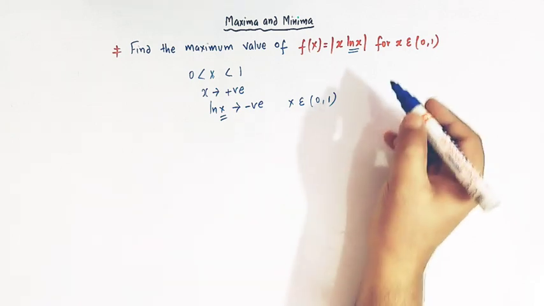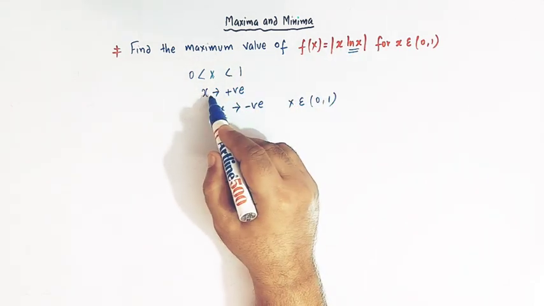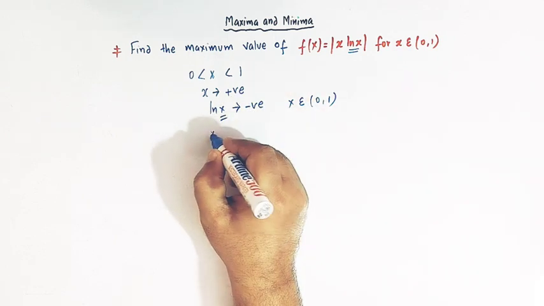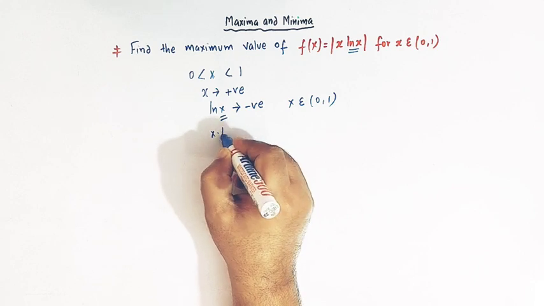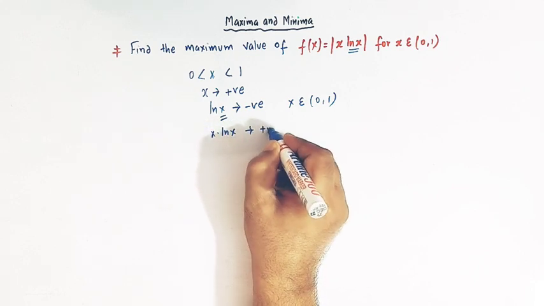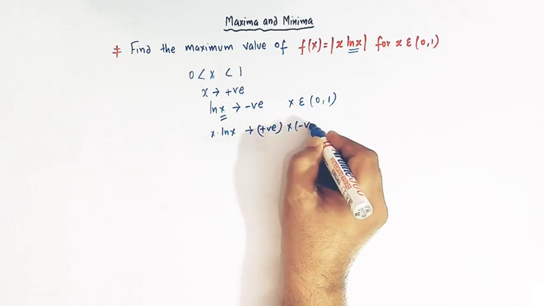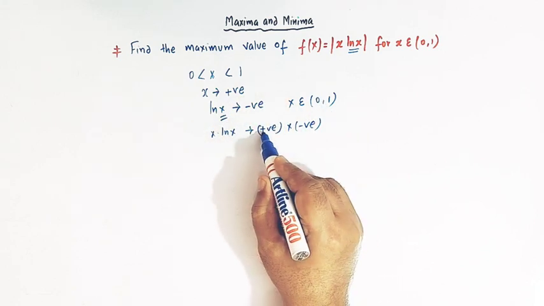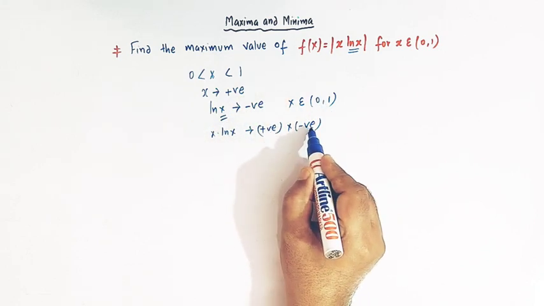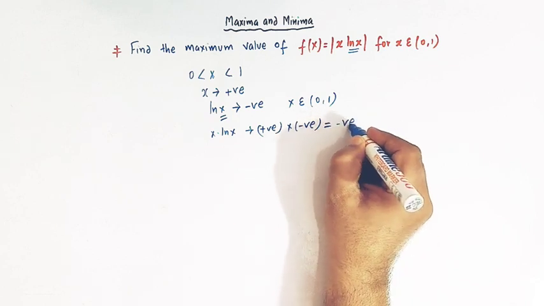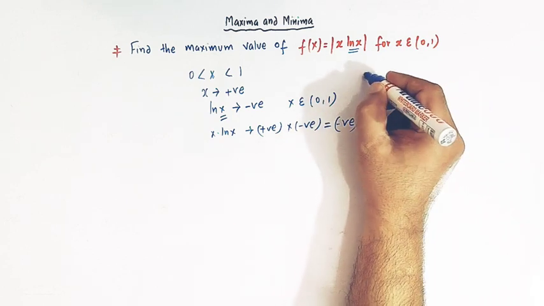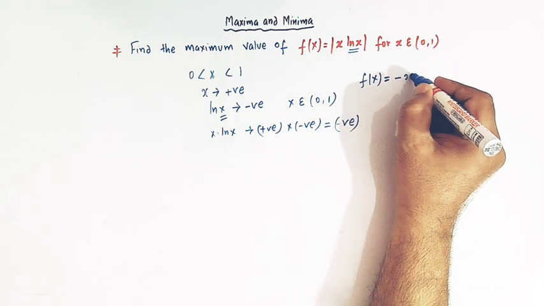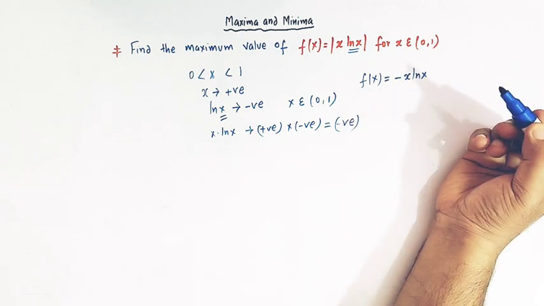So x is positive and log of x is negative, and when we multiply a positive quantity with a negative quantity, we get a negative quantity. So f of x can now be written as negative of x times log of x.